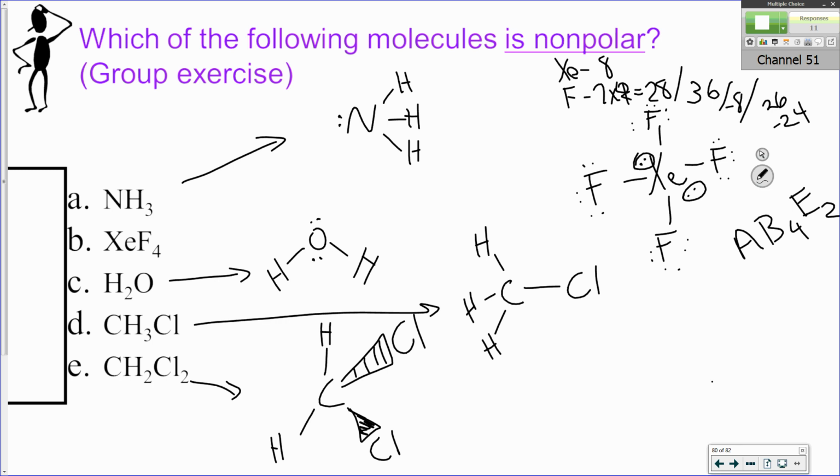Square planar. So the opposing pairs of electrons are going to be away from each other. Regardless of which side of the octahedral you go on, they're always going to be away from each other.